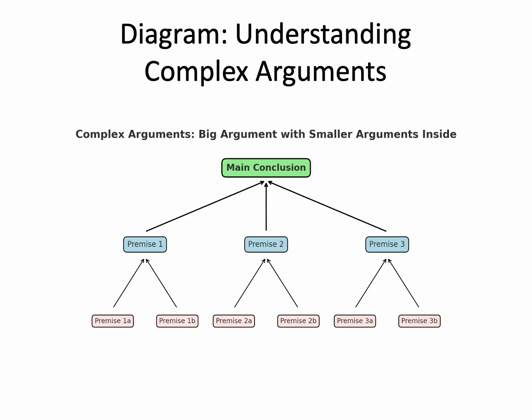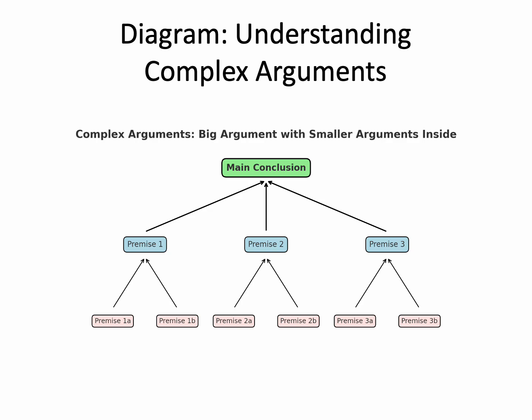Here's a diagram to help us visualize the basic structure of complex arguments. As we can see at the top in the green box, we have the main conclusion, the main point of the complex argument, the big argument. Below that, holding up the main conclusion, are the premises for the main argument. They're those blue boxes with the arrows pointing to the main conclusion.